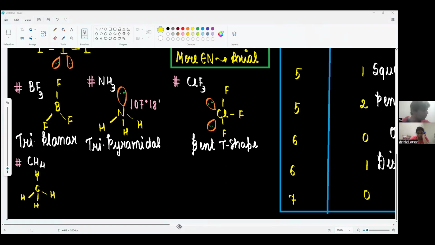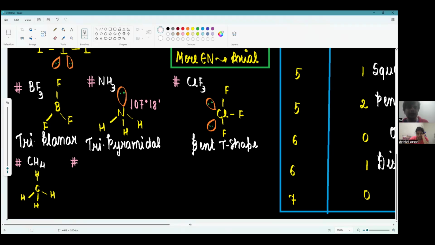I will show you over here. ये. See, this is tetrahedral. No lone pair. So the geometry and the shape will be the same. That is tetrahedral. Okay.